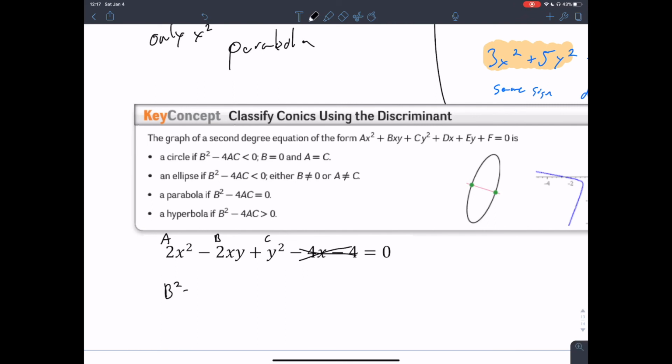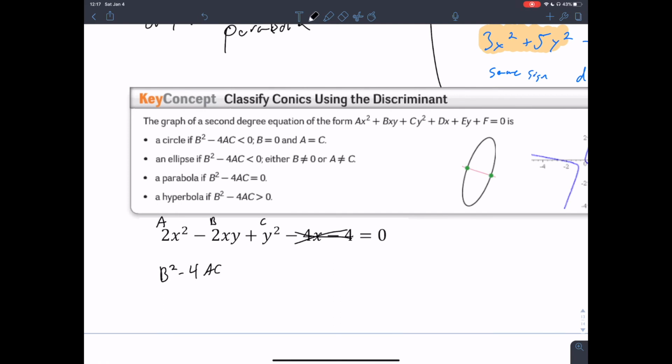So b squared minus 4ac. Okay, and so in this case, we have negative 2 squared minus 4. A is 2, c is 1. So we calculate that. And so this equals 4 minus 8. And so we get negative 4.